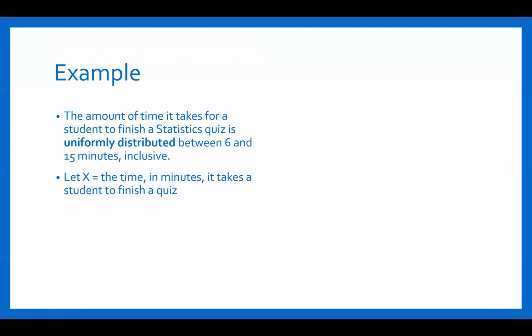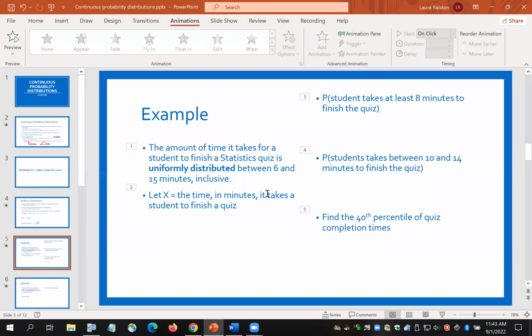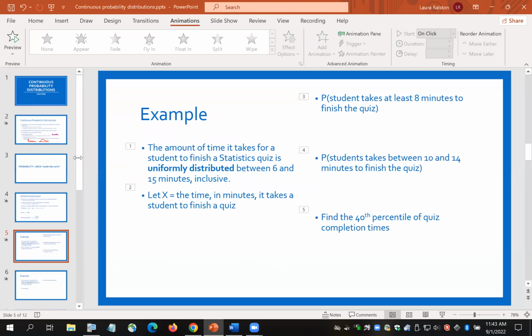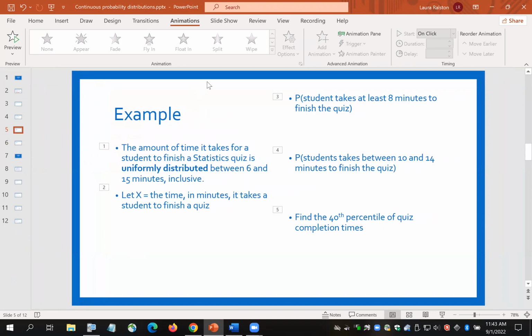X is going to represent the time in minutes it takes a student to finish a quiz. I want to try to show you what this would look like visually. Again, notice that it does tell us it is uniformly distributed.